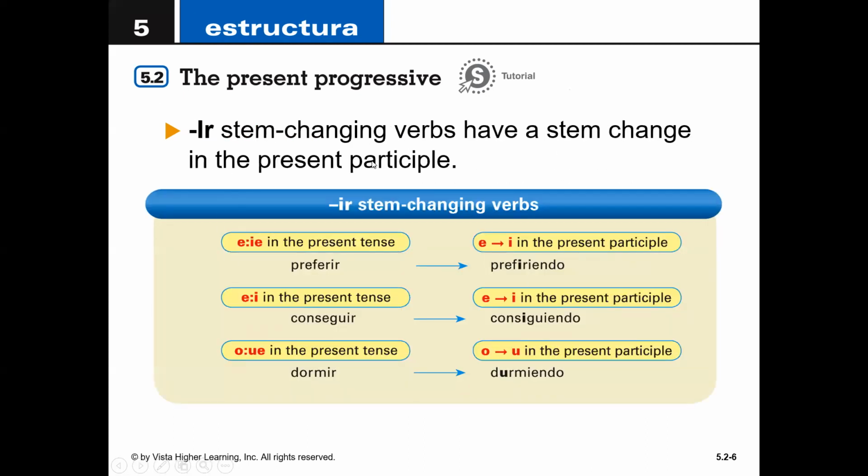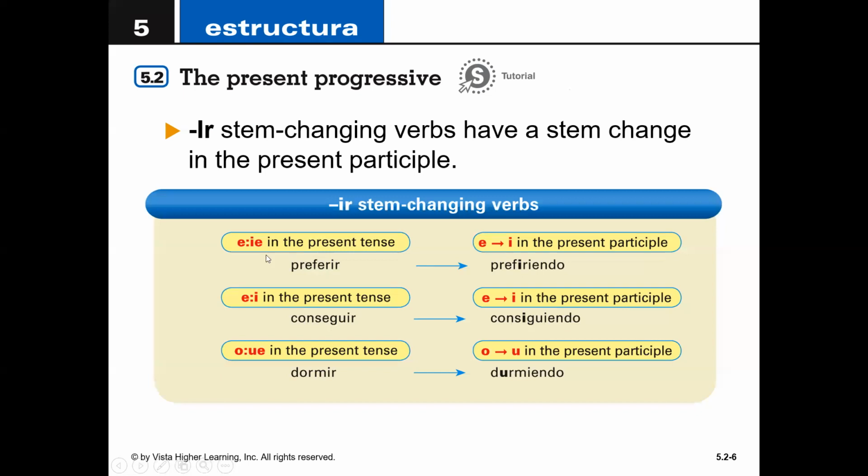IR stem-changing verbs have a stem change in the present participle. We went over this in chapter 4 of the textbook for Spanish 111. If you didn't take Spanish 111 and want a refresher, go back to chapters 3 and 4 and look at stem changing. But basically, these are only applicable to IR verbs, so the stem change carries over in the present participle.